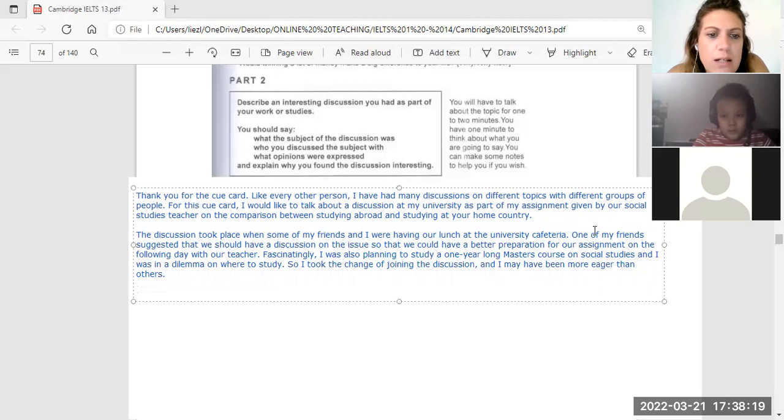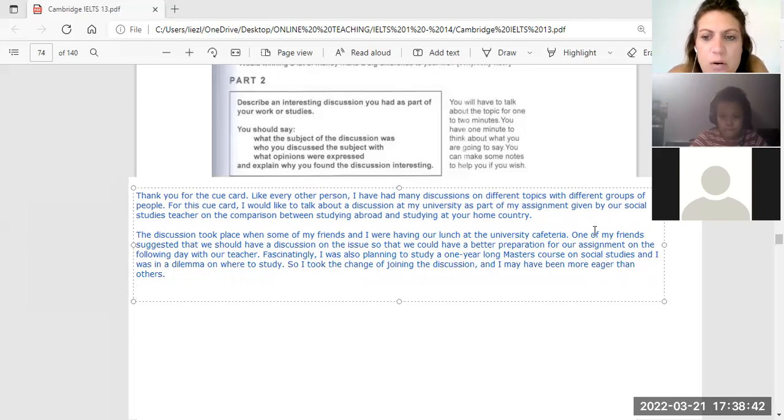Thank you for the cue card. Like every other person, I have had many discussions on different topics with different groups of people. For this cue card, I would like to talk about a discussion at my university as part of my assignment given by our social studies teacher on the comparison between studying abroad and studying at our home. The discussion took place when some of my friends and I were having lunch.